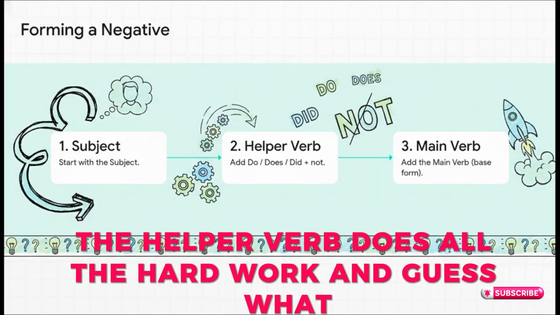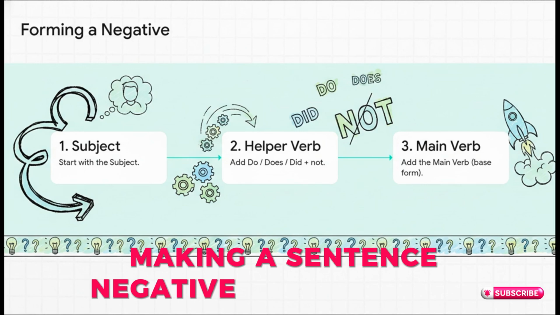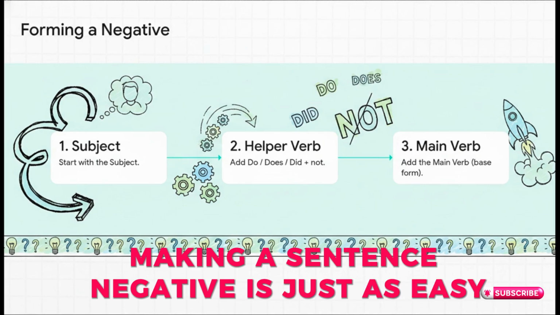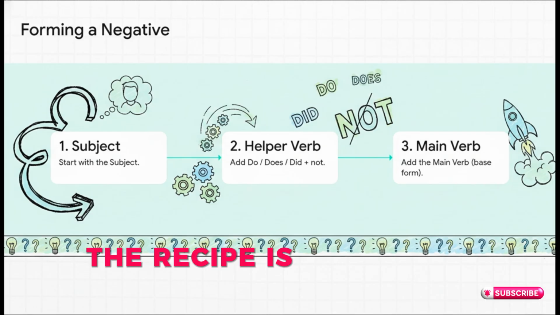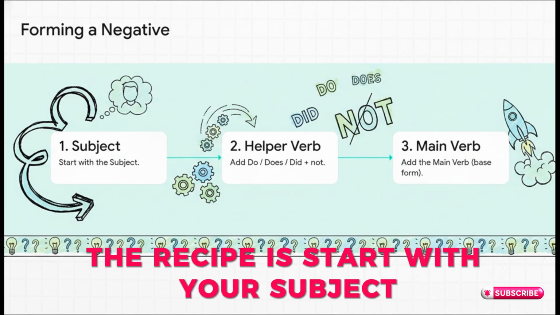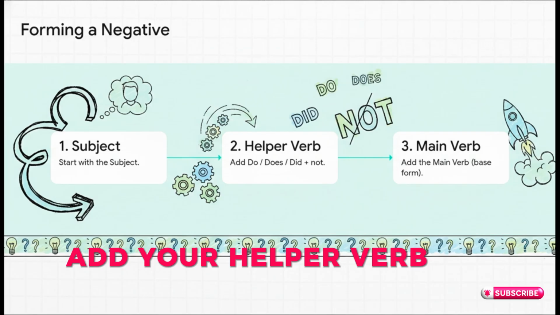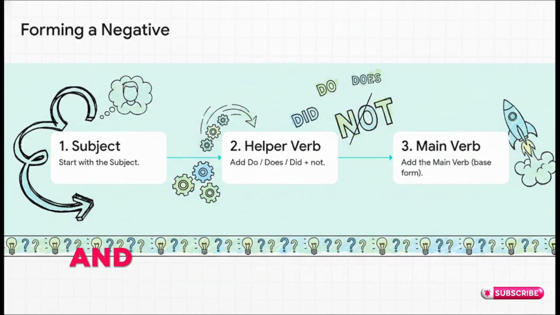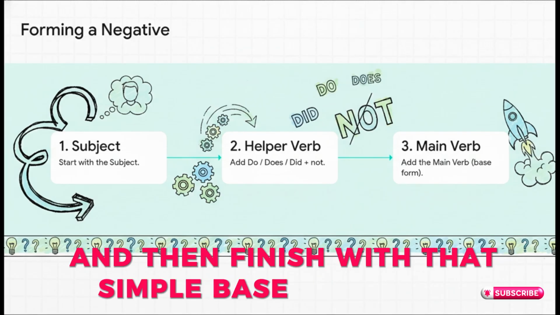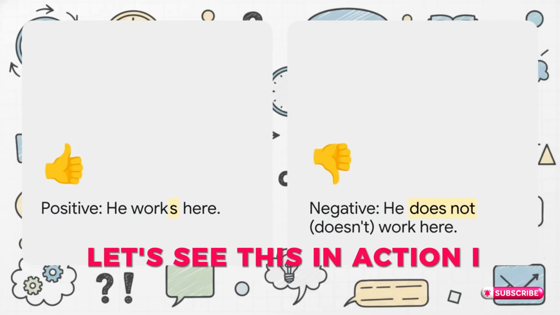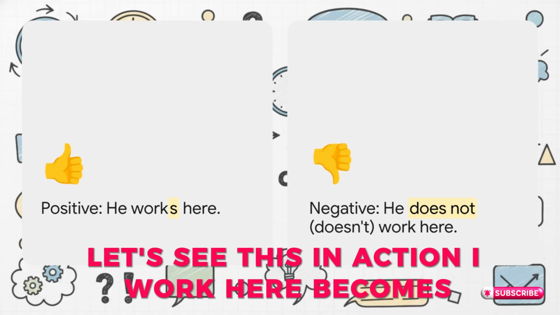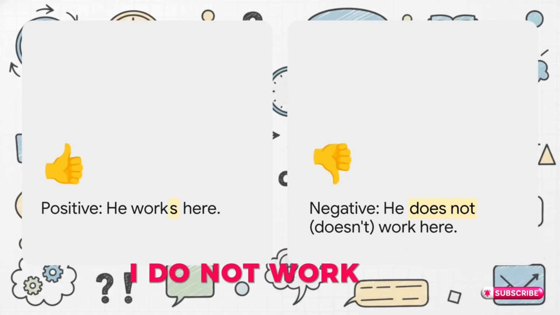And guess what? Making a sentence negative is just as easy, just as predictable. The recipe is start with your subject, add your helper verb, plus the word not, and then finish with that simple base verb again. Let's see this in action. I work here becomes I do not work here.